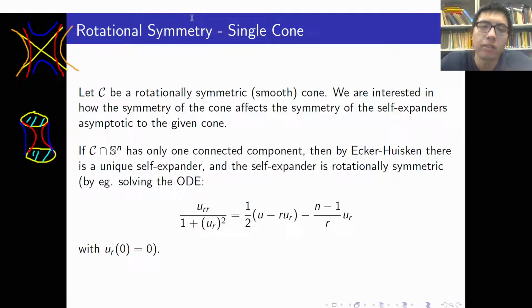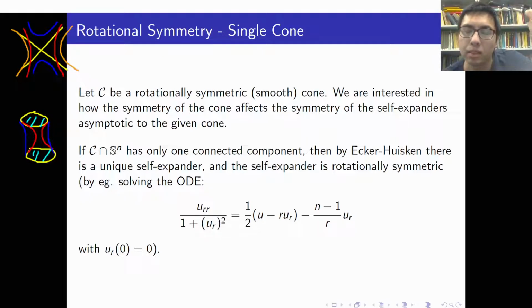If you have a single cone, then by the Ecker-Huisken result, you know that there exists a unique self-expander, and in addition, you can deduce that the self-expander is rotationally symmetric. In the rotationally symmetric case, you can reduce the existence of a self-expander to the solution of a certain ODE, which is the same as the minimal surface equation once you impose the symmetry.